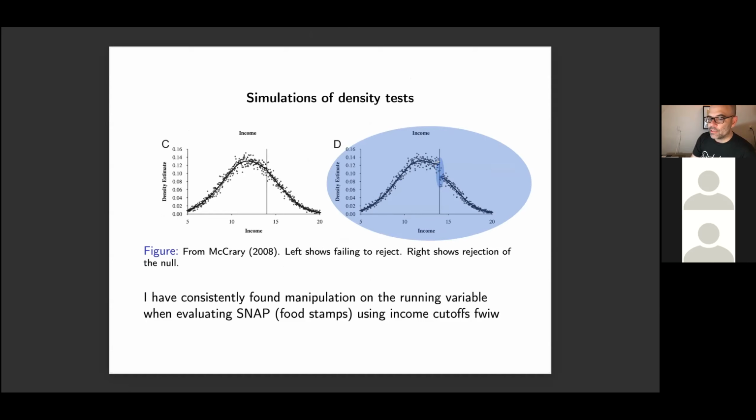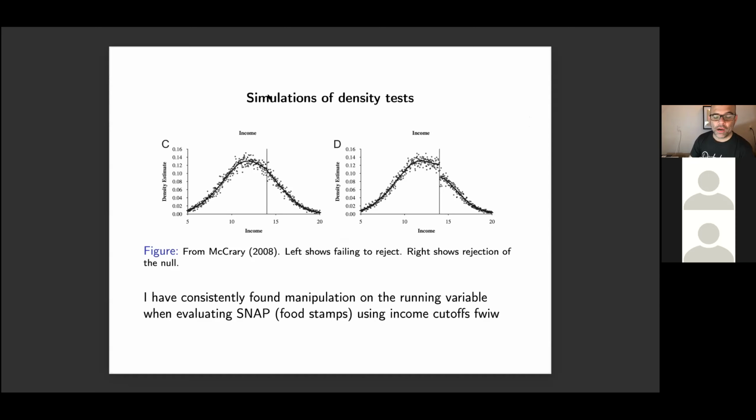It's not a heap. It's just a break in the density. The McCrary density test was designed for breaks in the density, not non-random heaping.